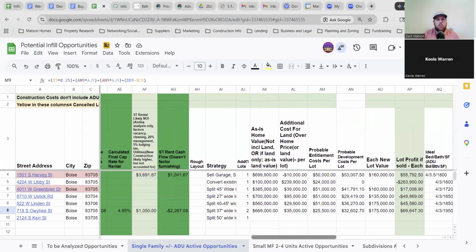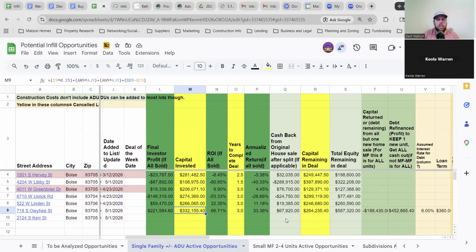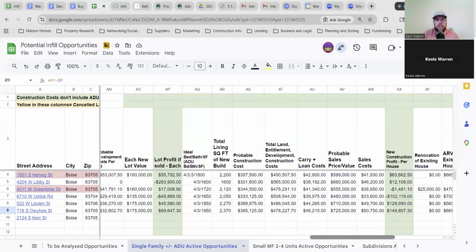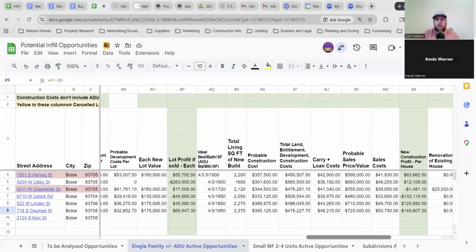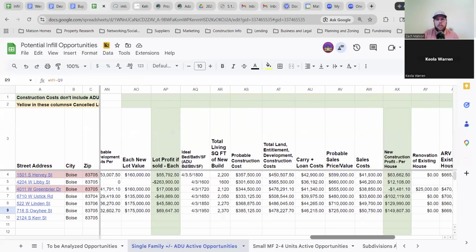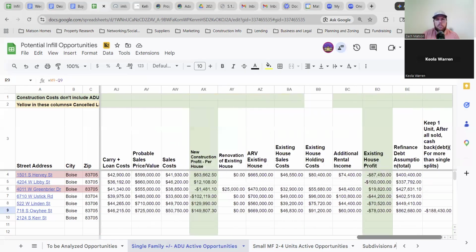The benefit to that too, once you do this out of pocket, you can actually sell that existing house now and get some of your capital back. This is the capital you have into those 2 additional lots now. And then you can build and sell those, and you still make good money. So you're making a little over 6 figures on each house, about 150 on each house, but then you have essentially that existing house.